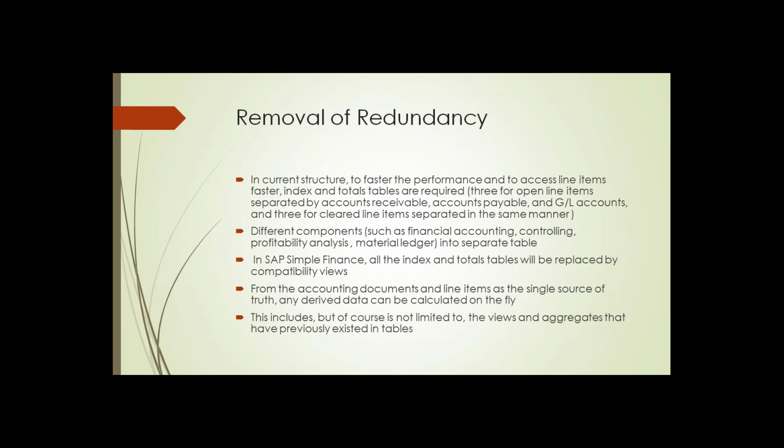So in my traditional database, this was the reason I was creating different tables for different purposes: performance was the issue. Whenever I did reporting directly on BSEG, reports ran very slowly, and the transactions were also hampered because I was reporting on that table directly. That is why these different tables were created for different purposes.